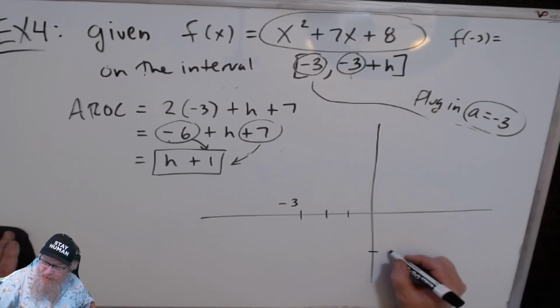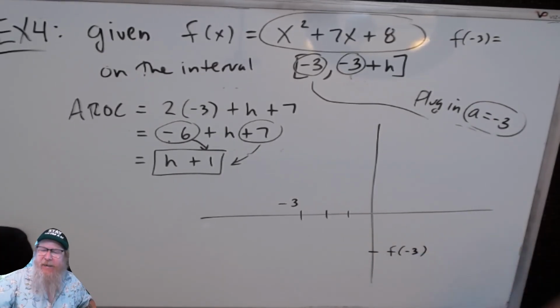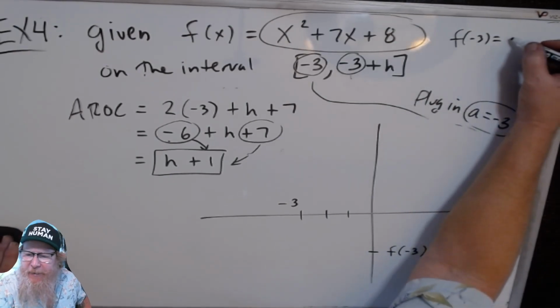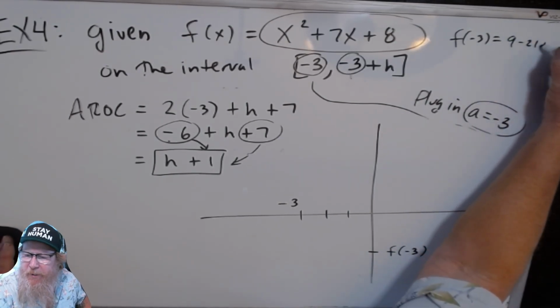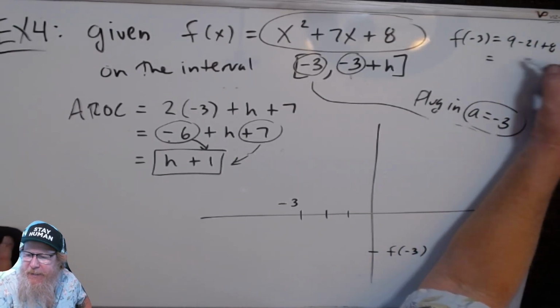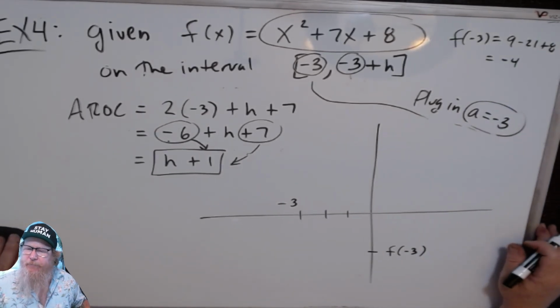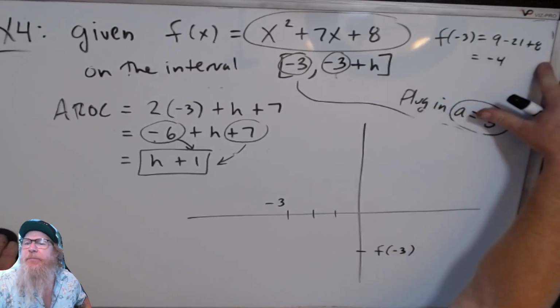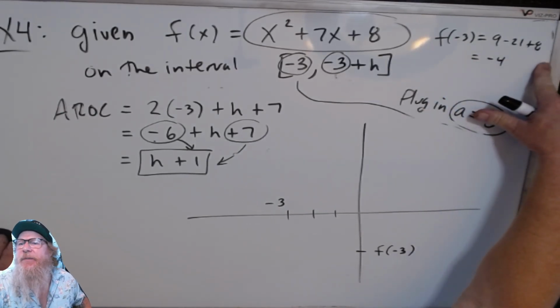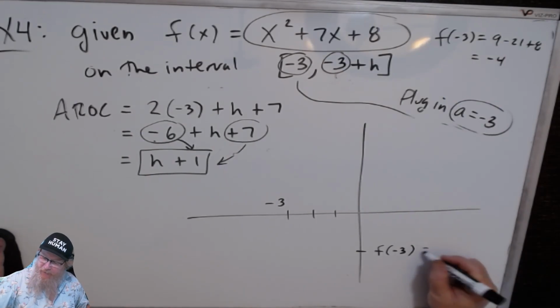You could just put a dot and call it F of -3, but I'm just curious what it is. It would be 9 minus 21 plus 8, so it would be -4. 9 plus 8 is 17. 17 minus 21 is -4.